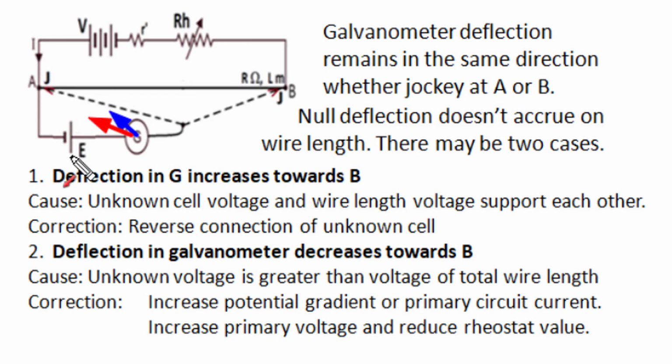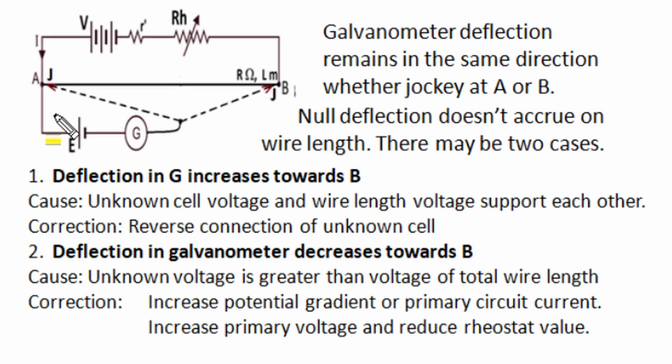Unfortunately, we have connected the unknown voltage with wrong polarity, and in that case, in this local loop, the unknown voltage and the voltage of the wire length both become additive together, and added together they produce imbalance current in the galvanometer, and increase the wire length voltage, and that increases the imbalance deflection. So to correct this, we have to reverse the polarity of the unknown voltage, and its high potential terminal should connect to the high potential end of the AB wire, that is A.